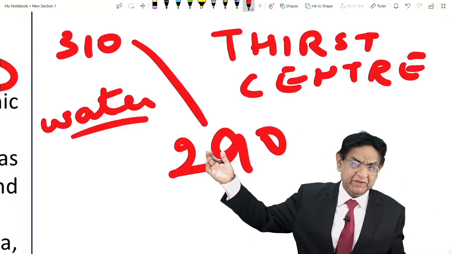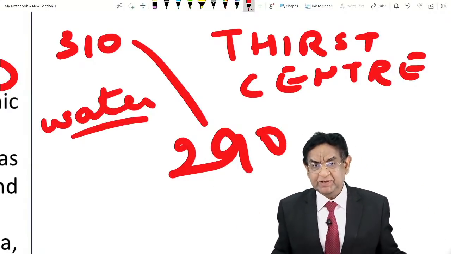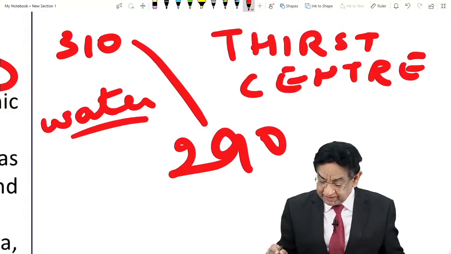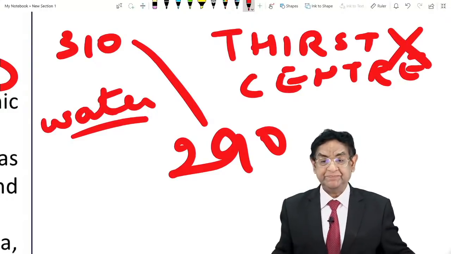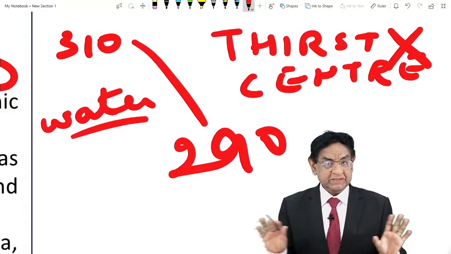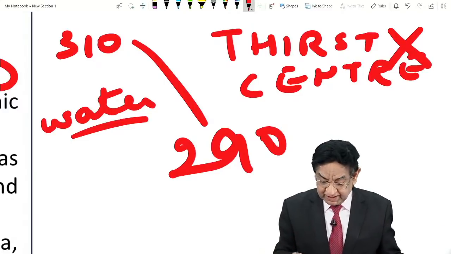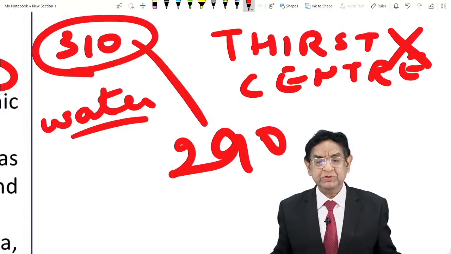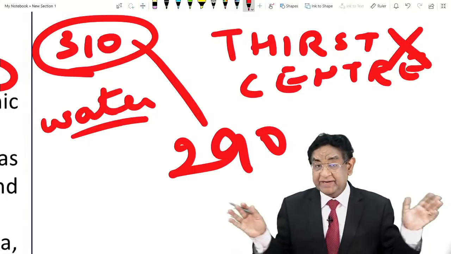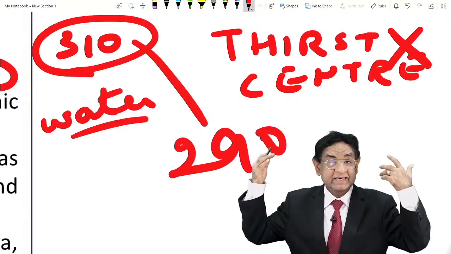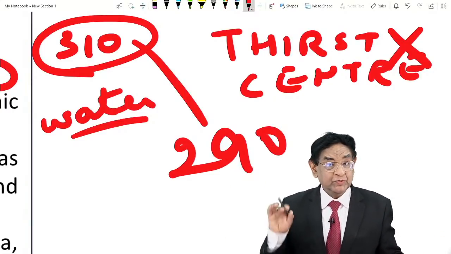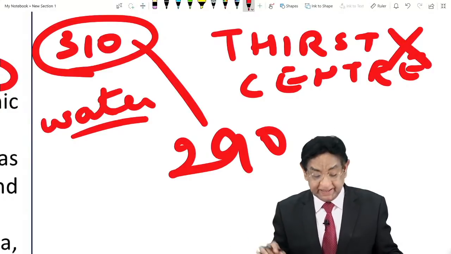He had a head injury in the back sometime, maybe 2, 3, 4 months back, and now his thirst center is gone. His thirst center is damaged. Now his osmolality goes to 310. Now he doesn't feel thirsty. Why? That center is not working. So he will be totally dehydrated.